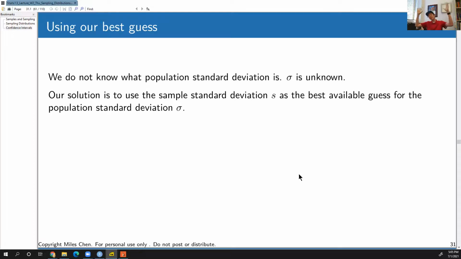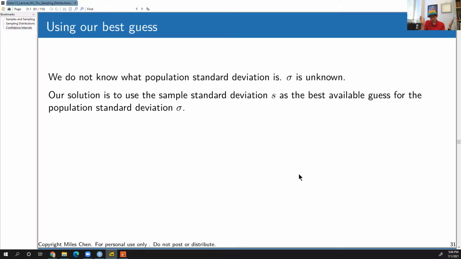The population is this big entity, and I don't know exactly the standard deviation of everybody in it, but here's my sample. Within my sample, the standard deviation is like 7, 3, whatever, some number. That's got to be a somewhat decent estimate of the population standard deviation. If this sample is supposed to be a random, representative sample drawn from the population, the standard deviation of my sample should be somewhat of a good guess for the standard deviation of the population, okay?